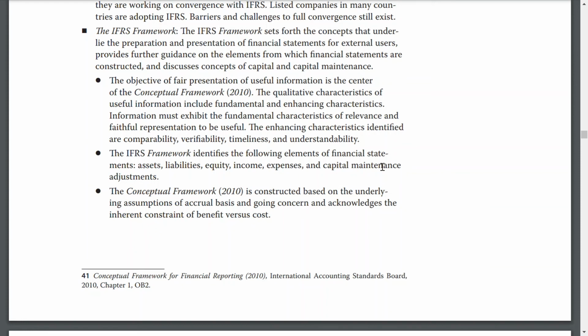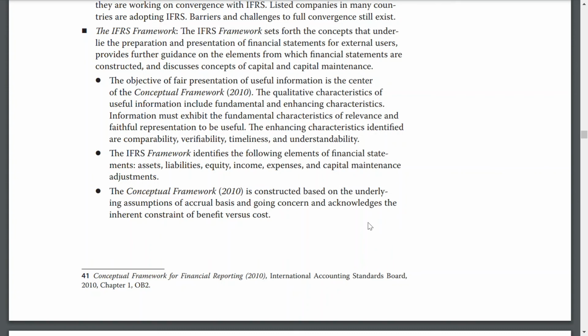The IFRS framework identifies the following elements of financial statements: assets, liabilities, equity, income, expenses, and capital maintenance adjustments. The conceptual framework is constructed based on the underlying assumptions of accrual basis and going concern, and acknowledges the inherent constraints of benefit versus cost.